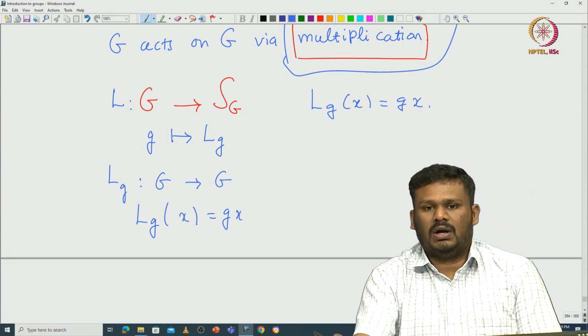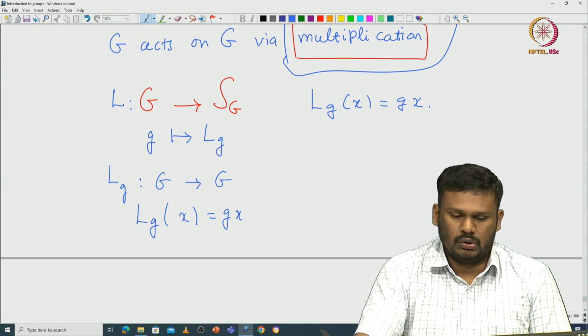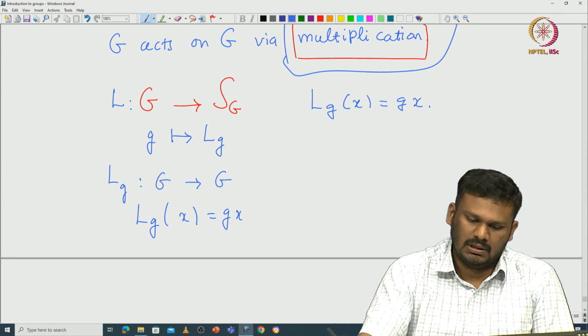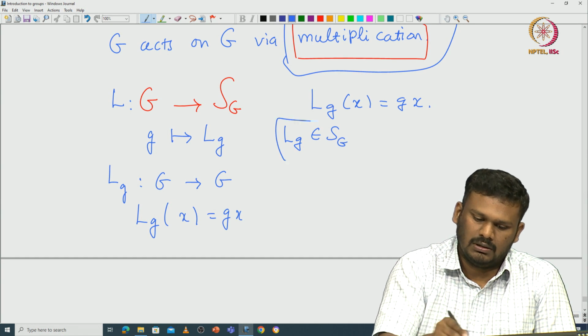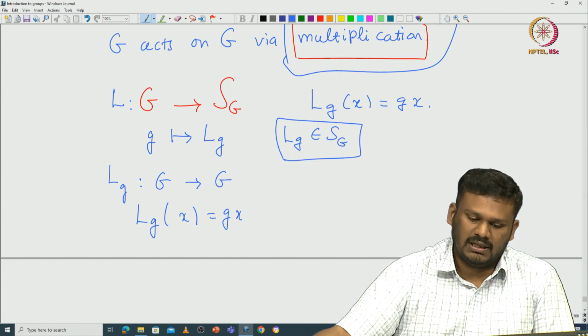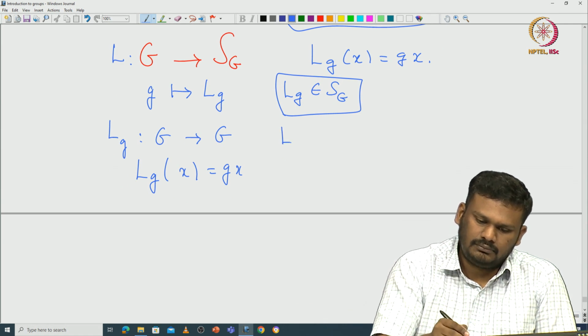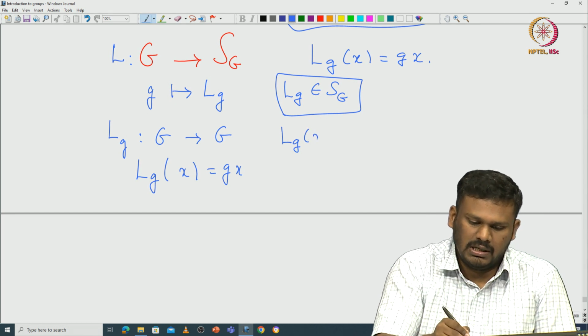Now the question is why this LG is an element of the symmetric group. That is something we need to verify. It is indeed obvious, because the inverse of LG will be LG inverse. Let us verify LG is indeed inside SG. For that we need to verify LG is a bijective map. Suppose LG of x equals LG of y.